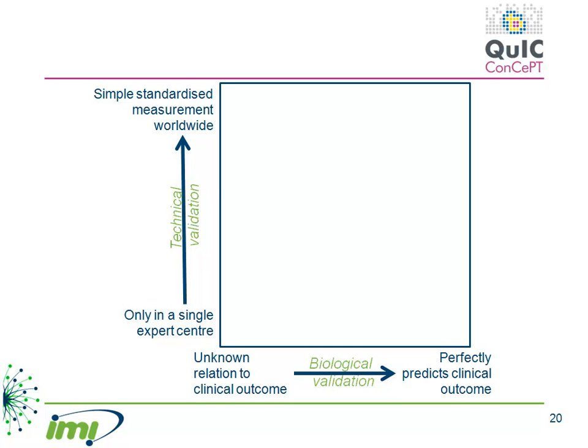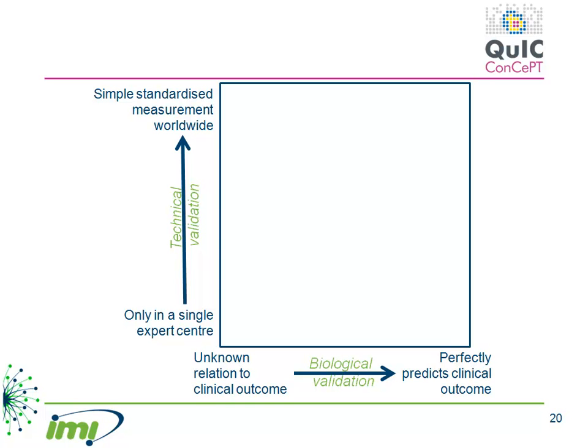You have no idea what it means. That's the bottom axis. And also on the y-axis, you can only do it in Professor Wonderful's lab on Tuesday, on a full moon. On the top right, you can do it anywhere in the world, and you can understand completely what the biomarker means in terms of predicting the patient's outcome.